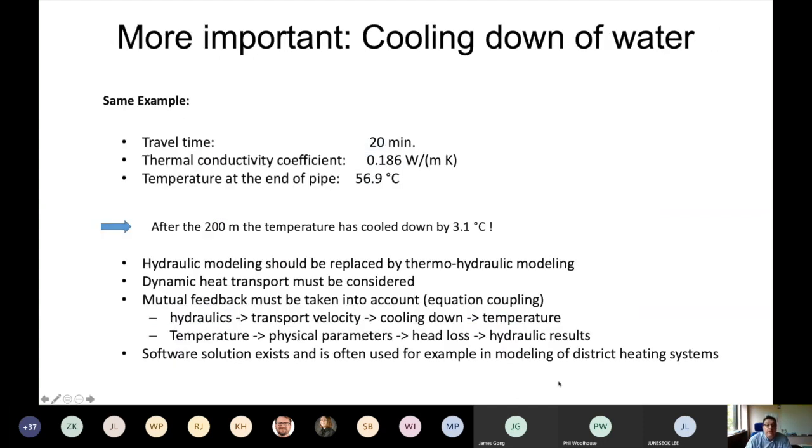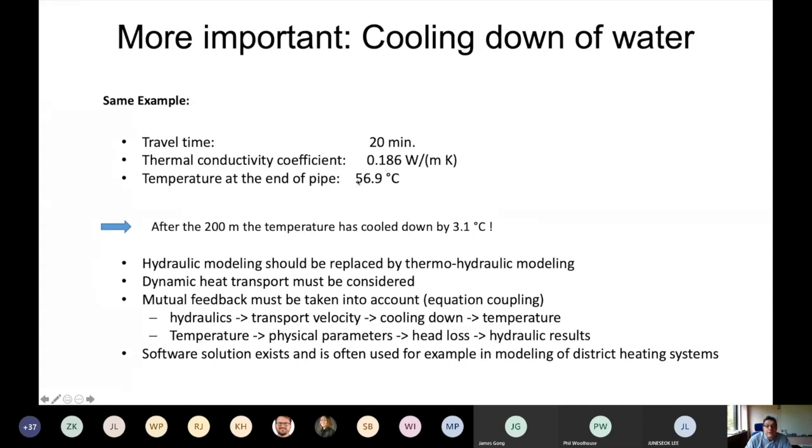Another example is also about the temperature and the travel time. This is the same example with 200 meters, and the travel time is 20 minutes. Here is an example of the thermal conductivity, so the heat loss that you have in your tubes.